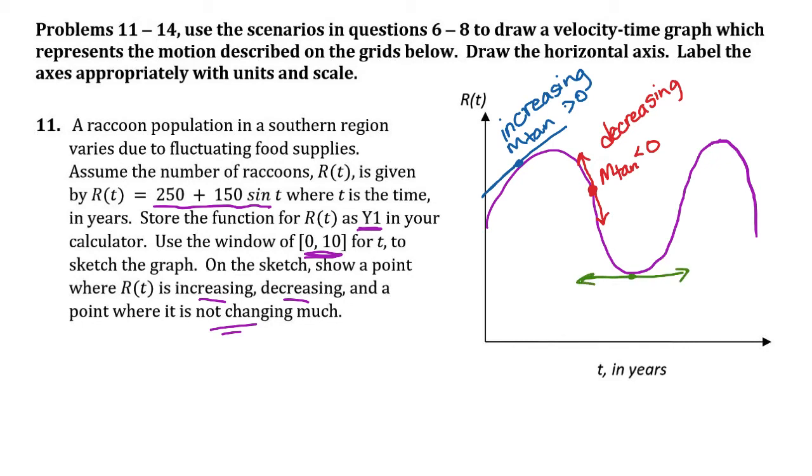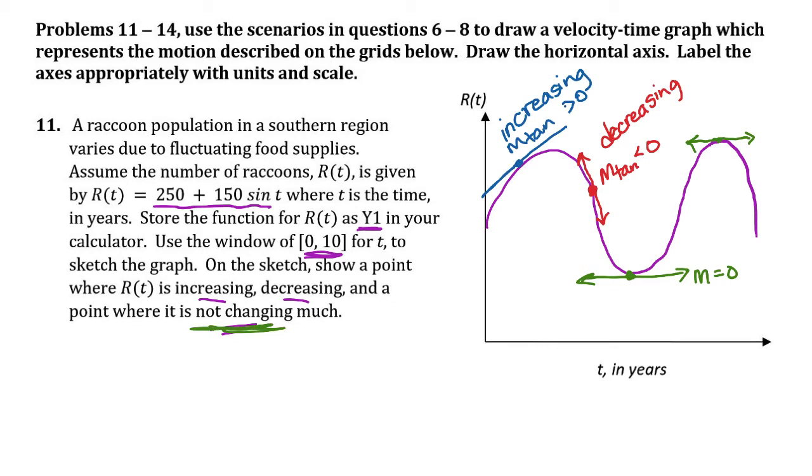Or we could even look at the tangent, let's say it's sitting up here. Notice what's happening there. We know that the slope right here, for sure we can pinpoint that slope is 0. So right here, notice we're not changing much at all.